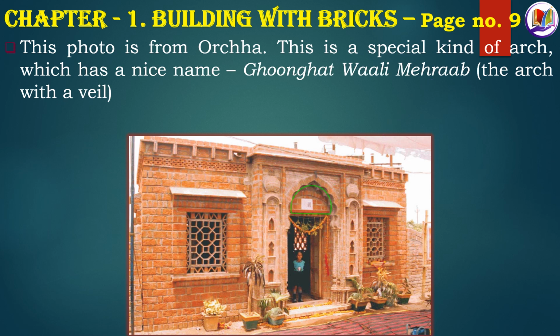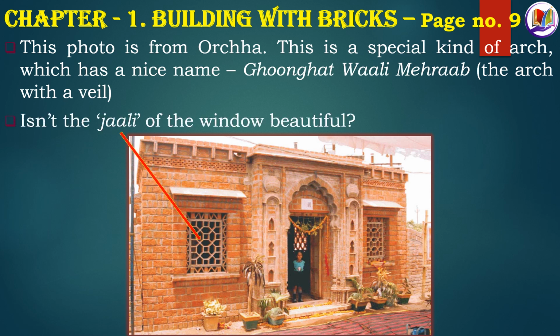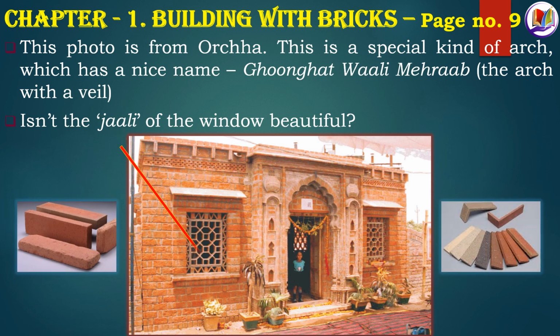What else do you find interesting in this picture? Well, isn't the jali of the window beautiful? Yes, it is. It's formed using thin bricks of different shapes and colors. So, isn't it eye-catching? Well, it is.